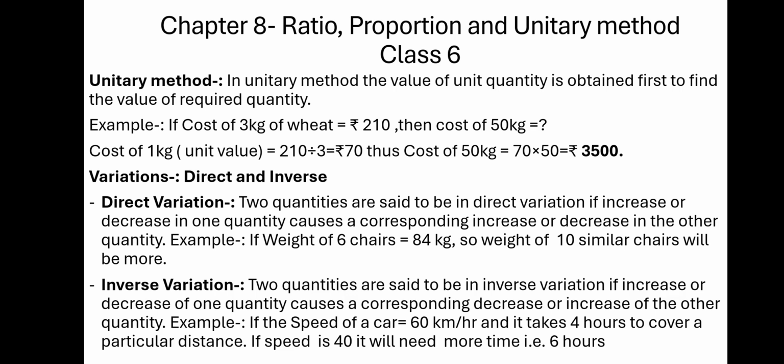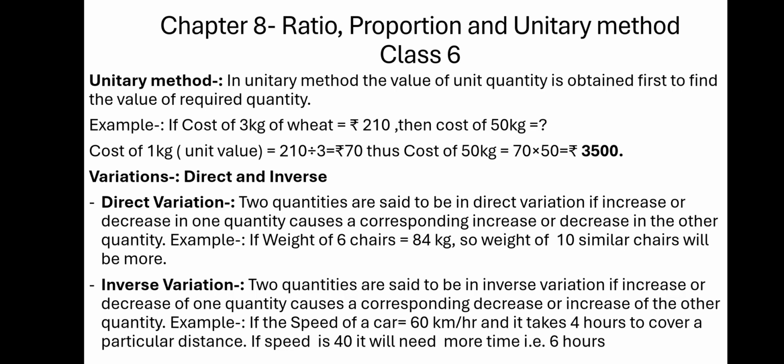Now the next unit is the unitary method. In the unitary method, the value of the unit quantity is obtained first, and then the value of the required quantity can be found out from that. Example, if the cost of 3 kg of wheat is equal to rupees 210, then the cost of 50 kg.